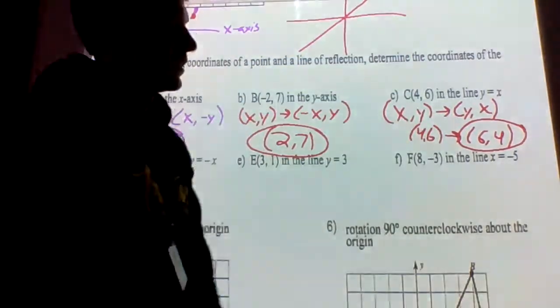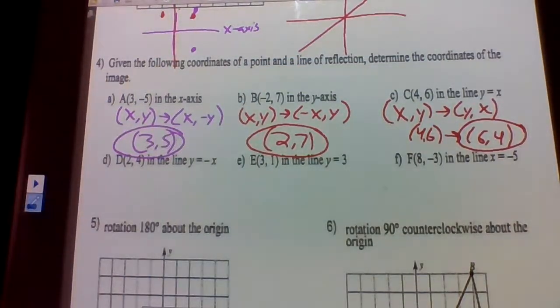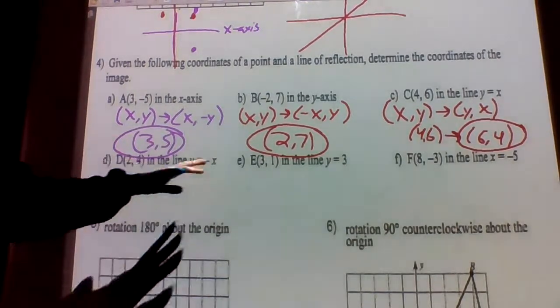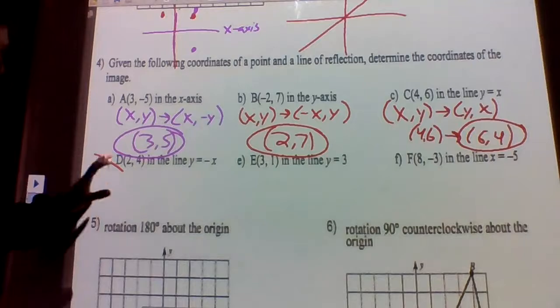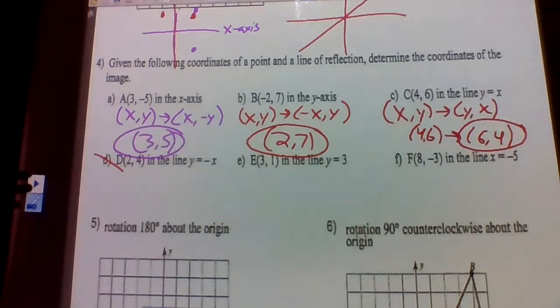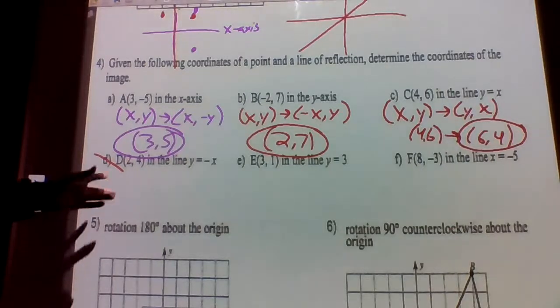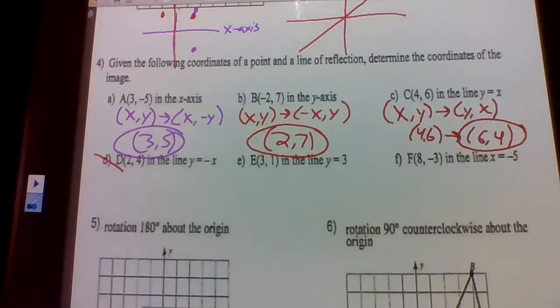It's hard to do it on a graph without lines, but yeah. Okay. D is the y equals negative x, which again we didn't talk about, so we can just skip over that one. It's really not too difficult. You're switching them and you're changing the signs, but that's okay. We don't need to worry about it.